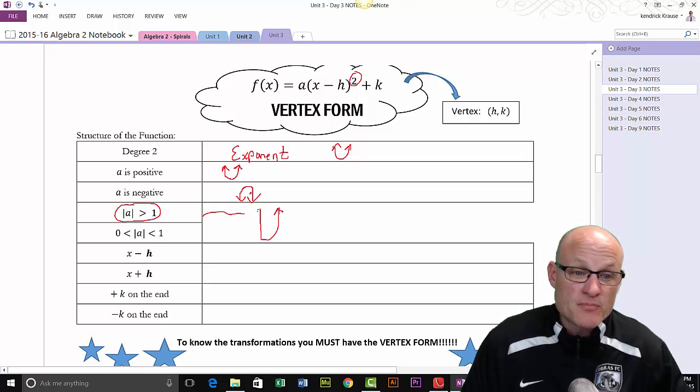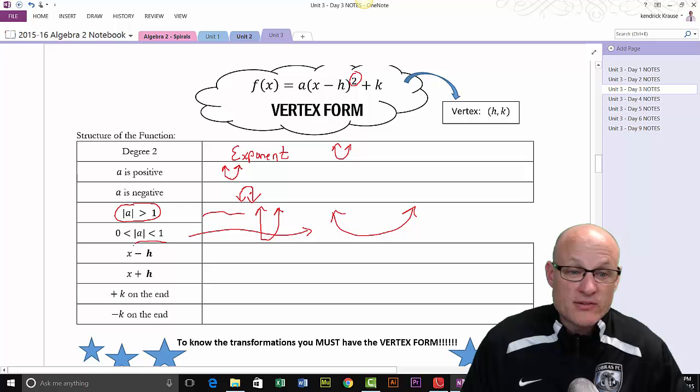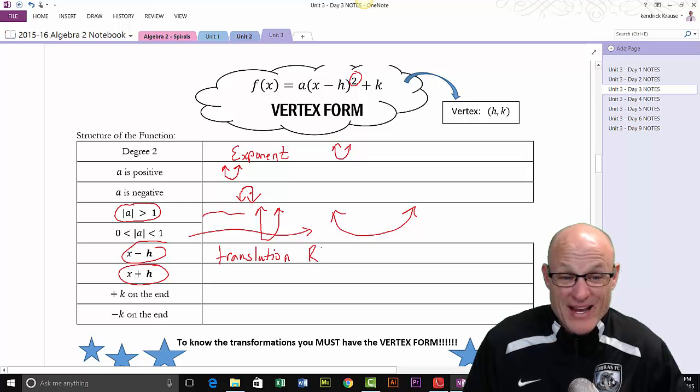Just like before, when we're adding or subtracting on the x, this is a translation right, and this is a translation left. When I add at the end, that's a translation up. And when I subtract at the end, this is a translation down. This is all nothing new. But in order to look at this, we need to look at it in vertex form.